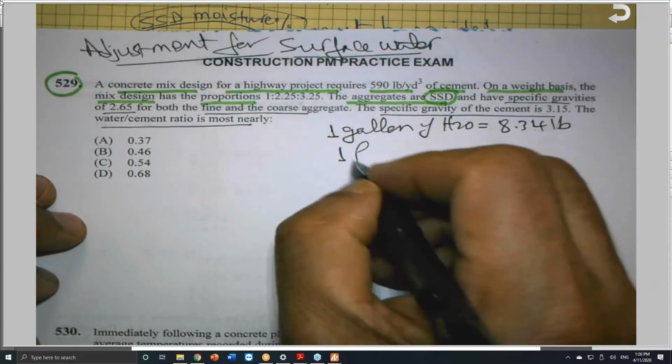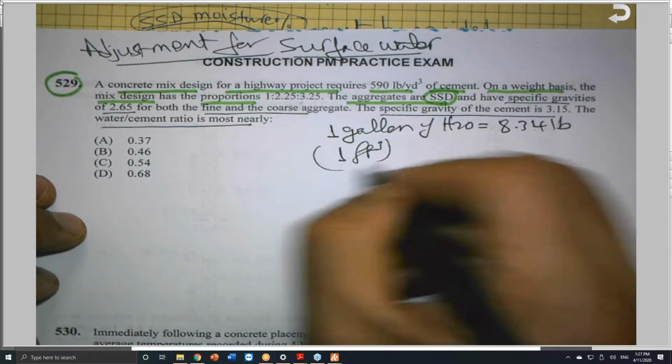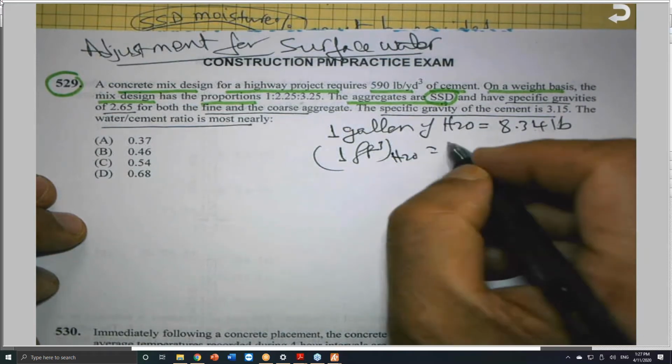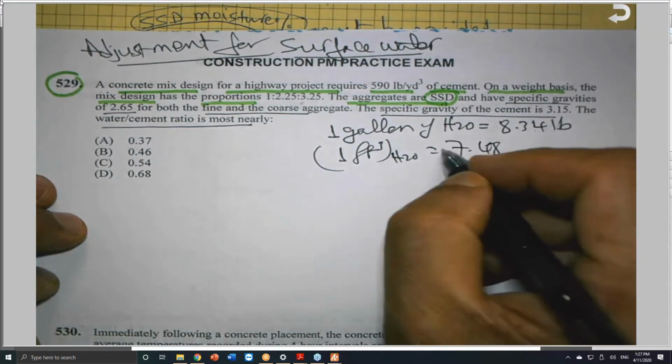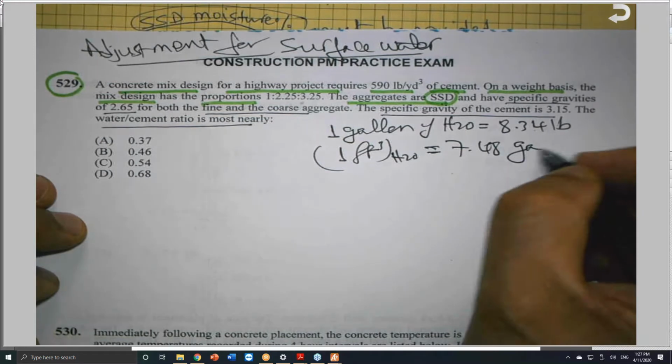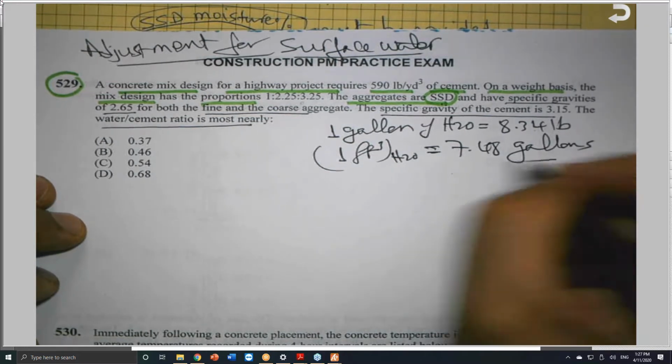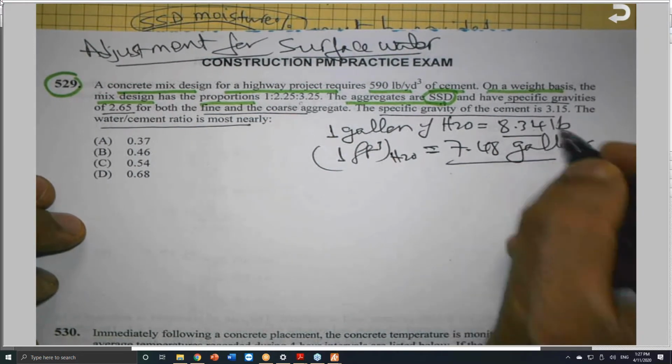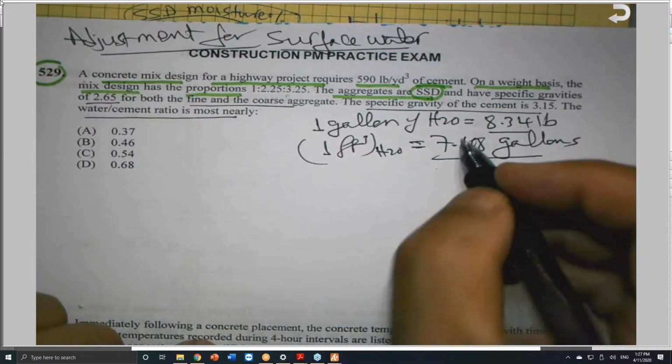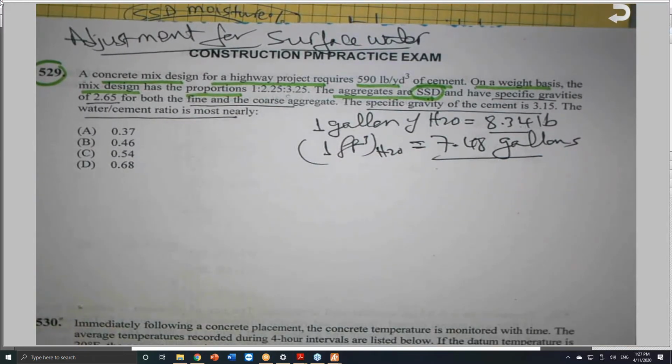And 1 cubic foot of water has 7.48 gallons. Try to remember these two numbers, and they are mentioned at the beginning of each book for units and so on.